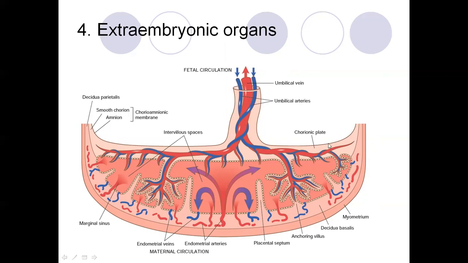Amniotic tissue consists of amniotic epithelium, simple cuboidal epithelium, and mesoderm, which forms connective tissue. The chorionic plate also contains connective tissue. On this side, there are cytotrophoblast and syncytiotrophoblast. Then, in the connective tissue, we can find a lot of vessels.